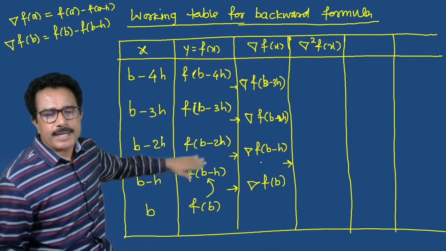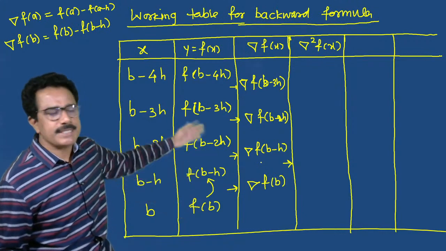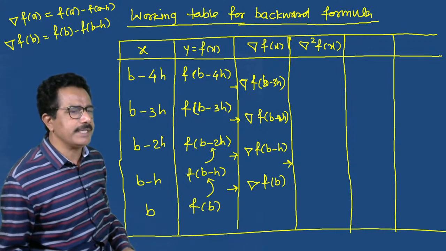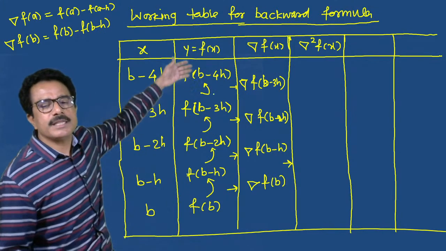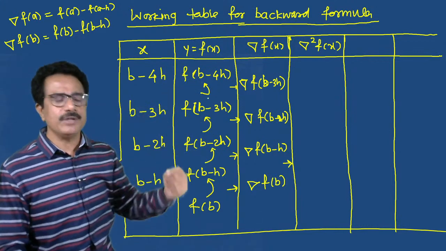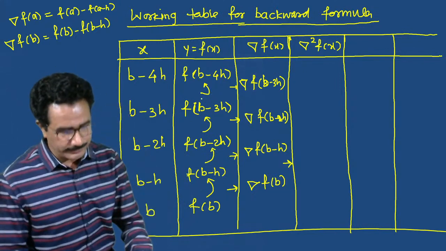We have to subtract first term from its next term. We have to subtract in this way. In both difference tables, subtract the first from the second. What is the difference? We will get the higher order differences of last term in the backward difference table.